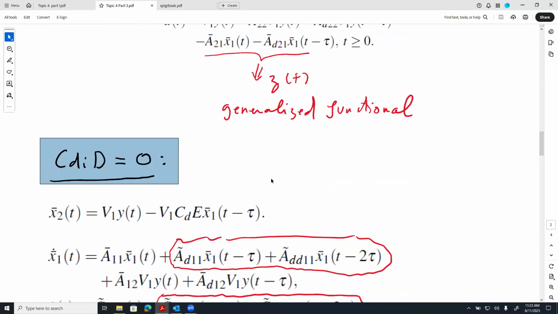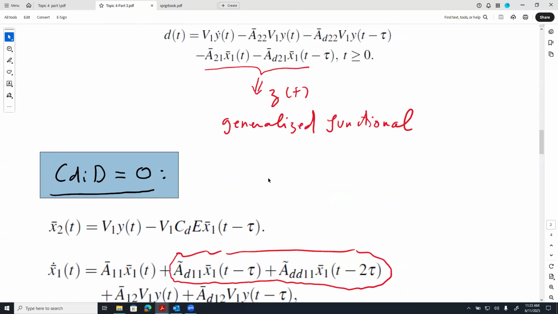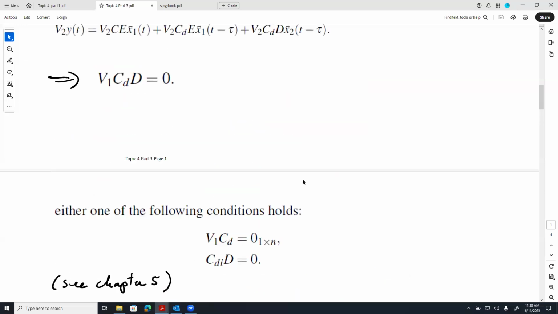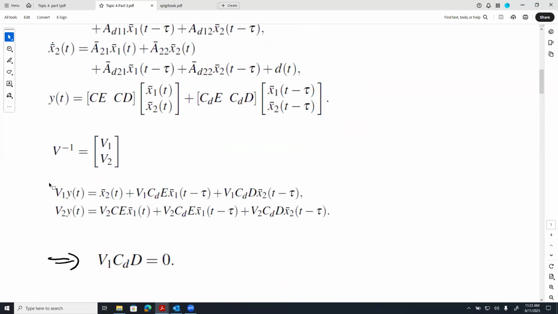So when we impose this structure, which is the first row of matrix CD multiplied by the matrix D has to be 0, in that situation, when we go back to this equation in here, we have this term 0. That's not a problem because we impose that structure in there.